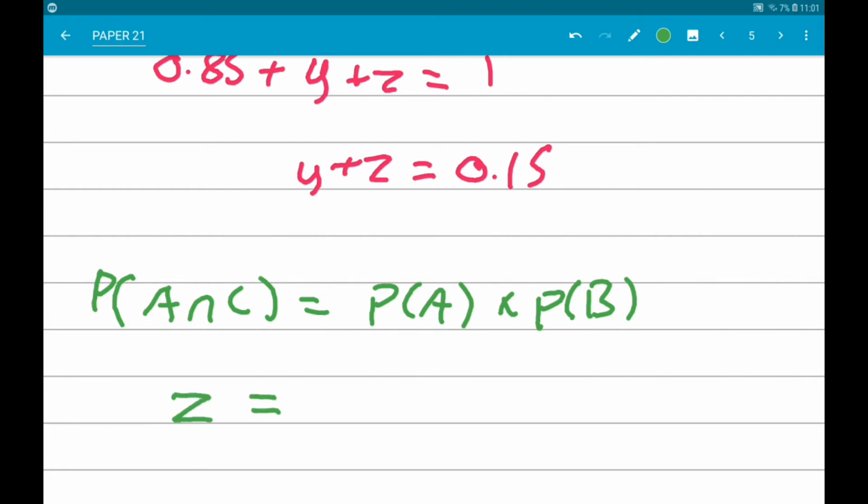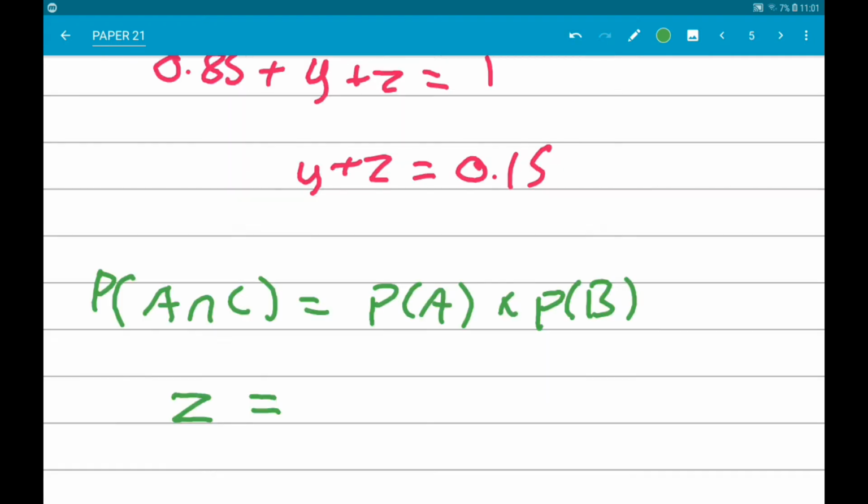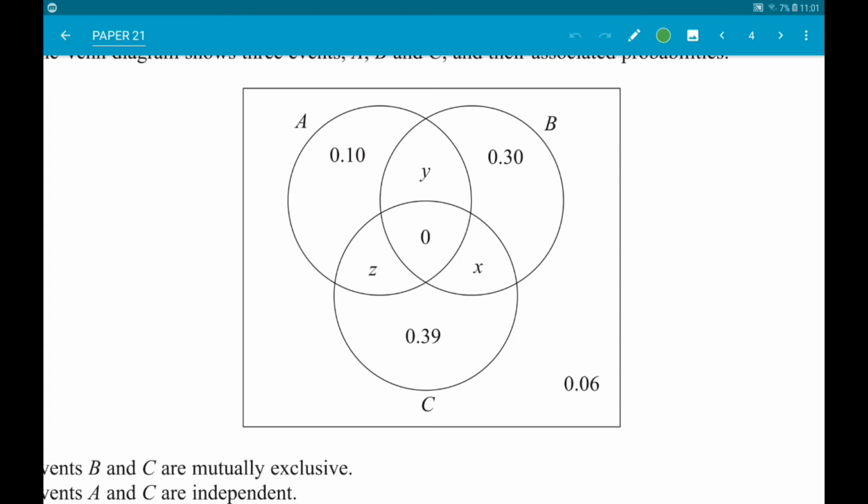Now, the probability of A is 0.1 add y add z. And then the probability of B is z add 0.39.